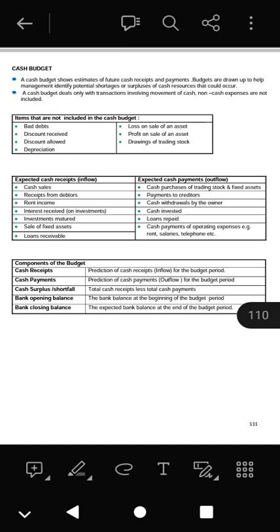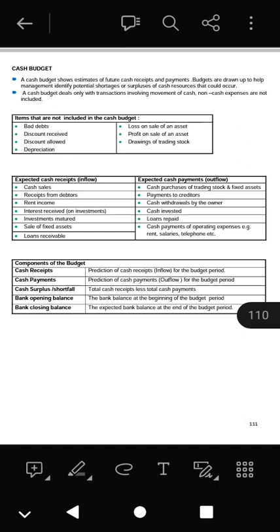So at the end of the cash budget, after recording our receipts and our payments, we are going to subtract the total payments from the total receipts. If ever the total receipts are more than the total payments, then we've got a surplus. And if ever the total payments are more than the total receipts, then we've got a shortfall or a deficit.